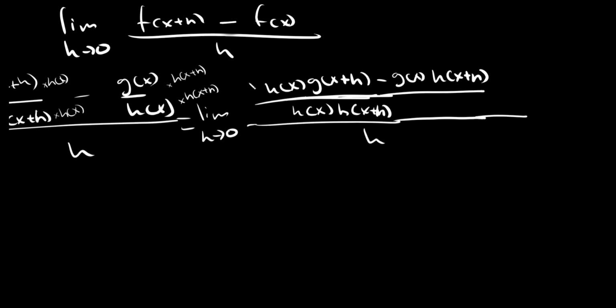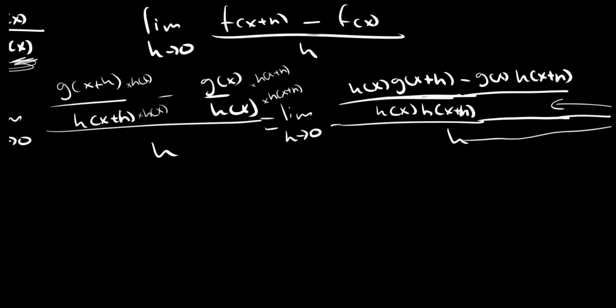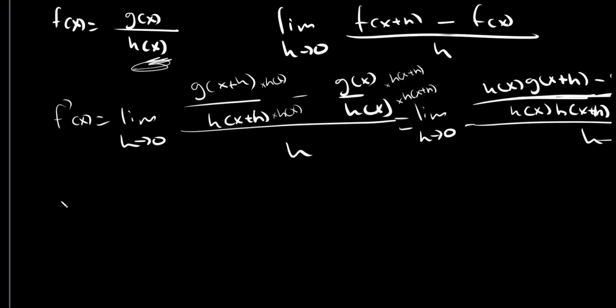My fraction is in my numerator, so my h is going to multiply with h of x times h of x plus h, such that we're going to get something like this. Let's write it quickly.